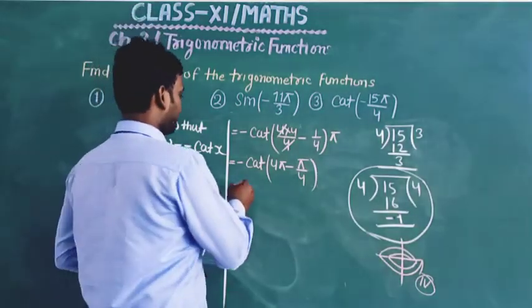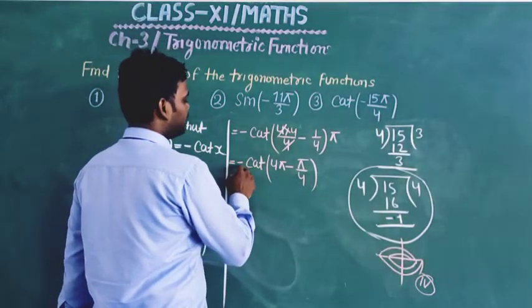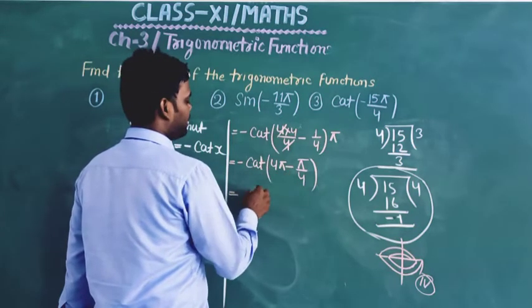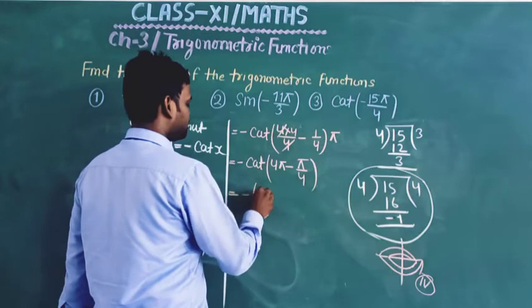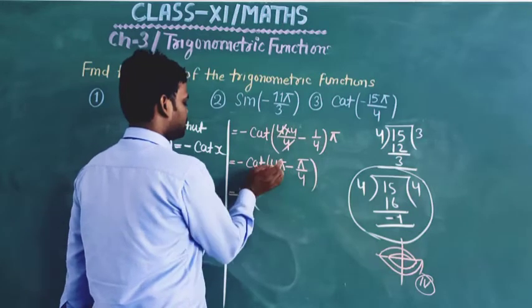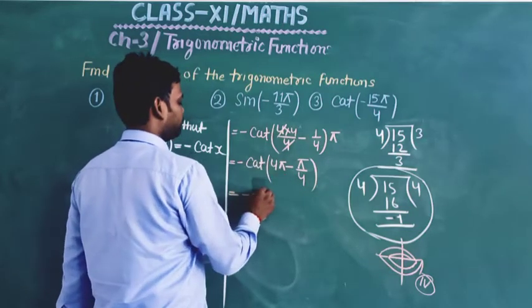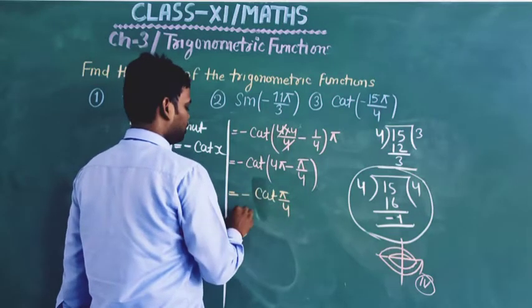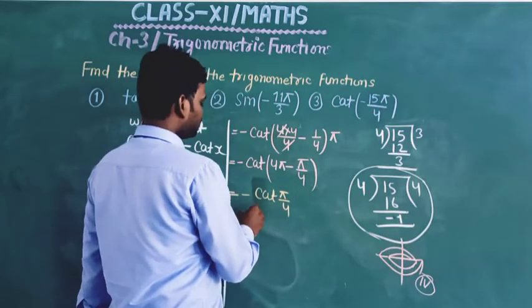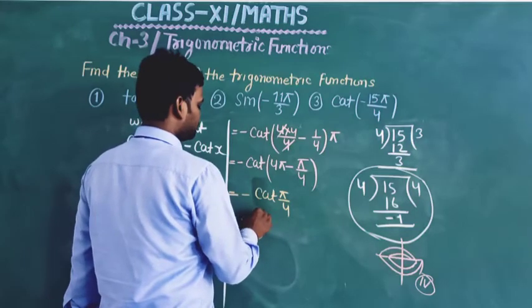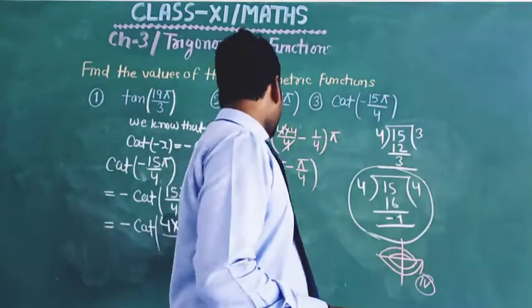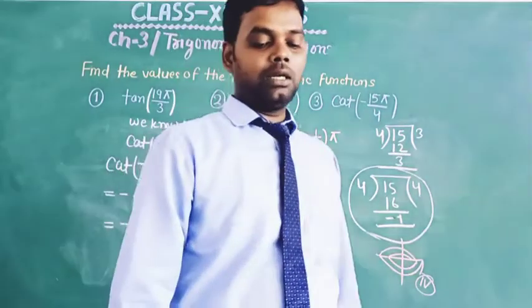So minus cot 4 pi minus pi by 4 is equal to minus, and cot is positive, so cot pi by 4. The value of cot pi by 4 is 1, and here there is already a negative sign.